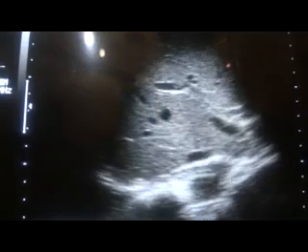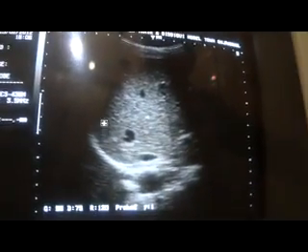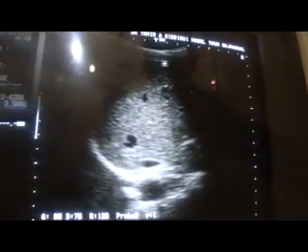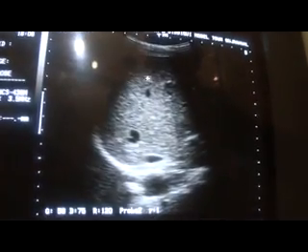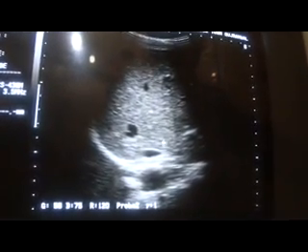Intrahepatic, diaphragm, right diaphragm. From here to here, the right diaphragm, smooth outer surface of the liver, homogeneous texture, normal parenchymal echogenicity.